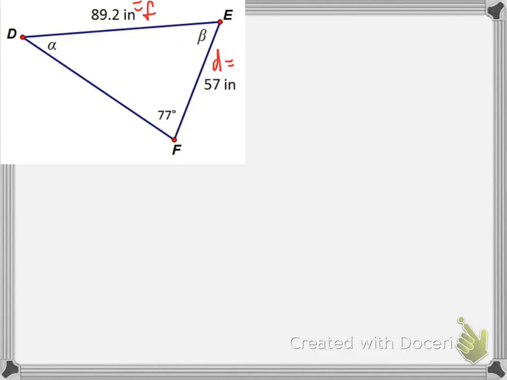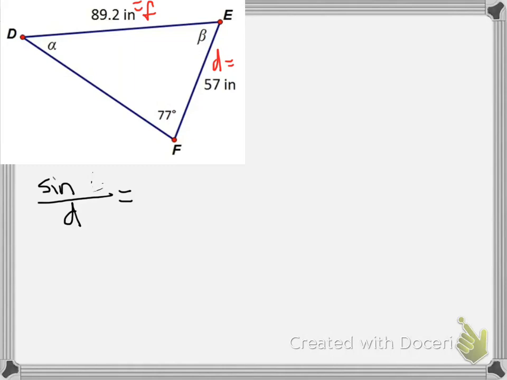We've got sine d over little d equals, and really d is really alpha.